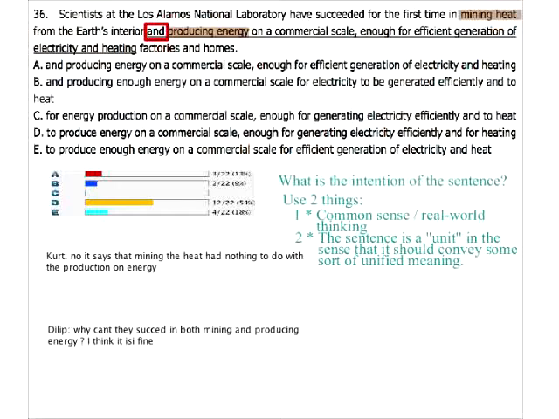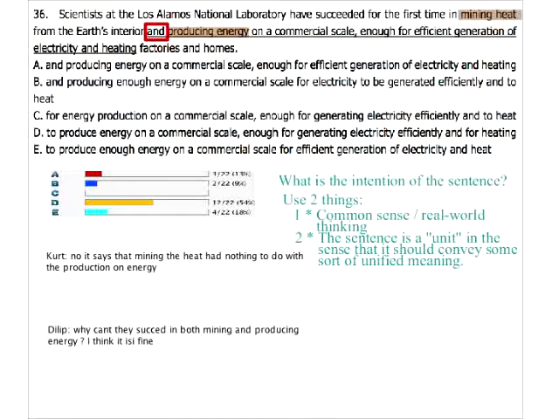So when Kurt points out that "mining the heat and" implies that mining the heat has nothing to do with producing energy, that's not reasonable given that this is a sentence. When you read this, you have to pick up on the intention of the writer.